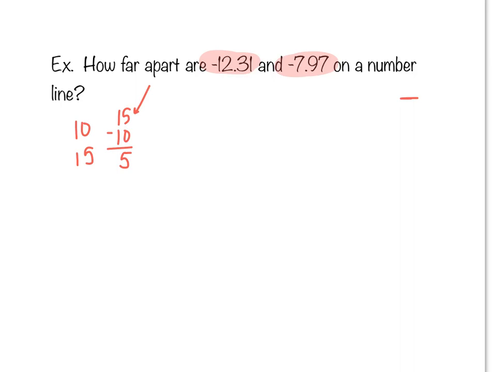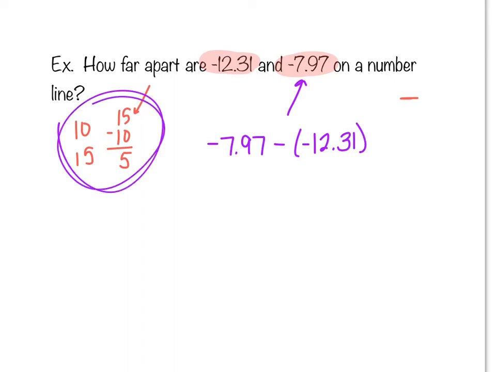But since both these numbers are negative, negative 12.31 is more negative, which makes it smaller. So this one is actually our larger number. So we're going to write negative 7.97 minus negative 12.31. We are subtracting them because we want to find the distance between them, that's what you do. Even though it looks kind of weird, you're like, how am I going to find the distance? Well, subtract them and you'll see how far apart they are.